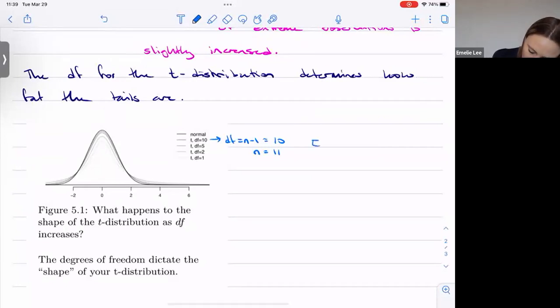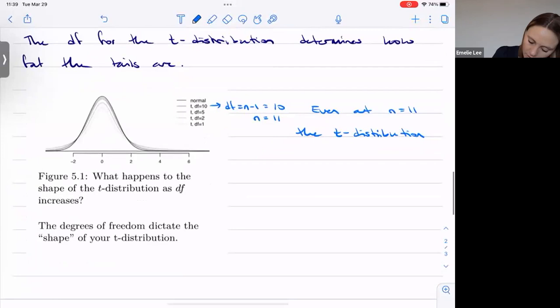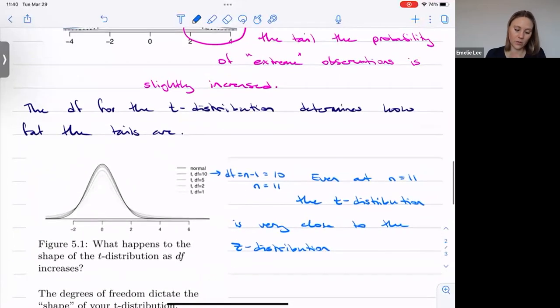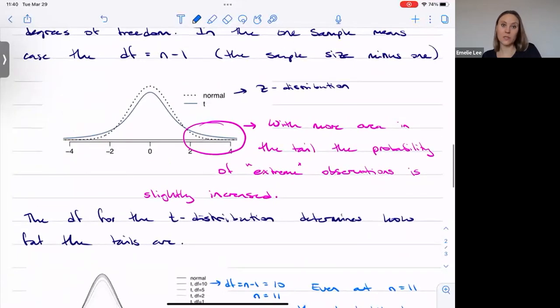Even at n equal to 11, the t distribution is very close to the z distribution. And the normal is the z distribution still.